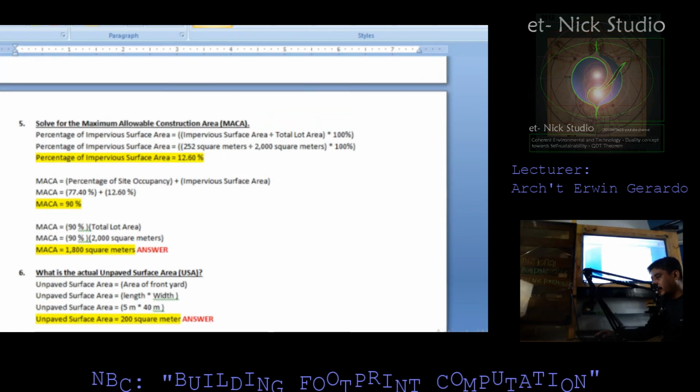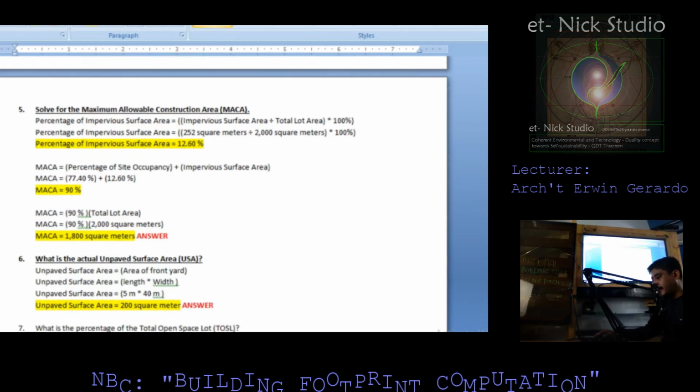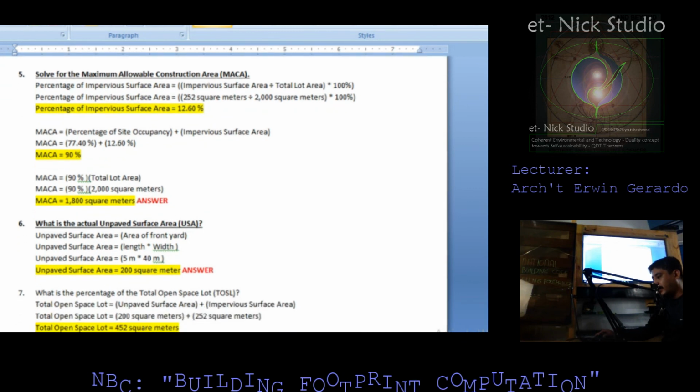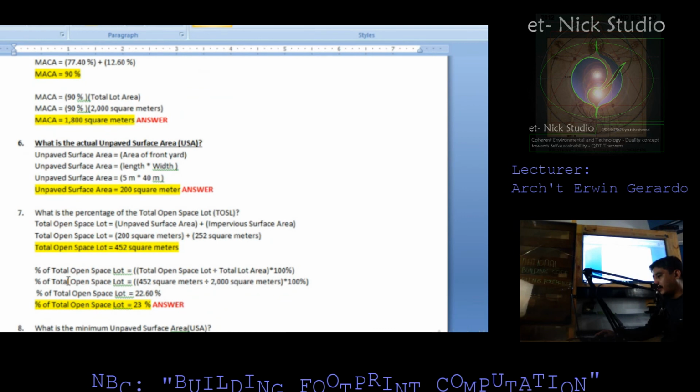So take note, the impervious surface area is taken from this solution. So therefore, the total open space of the lot is equivalent to 452 square meters.